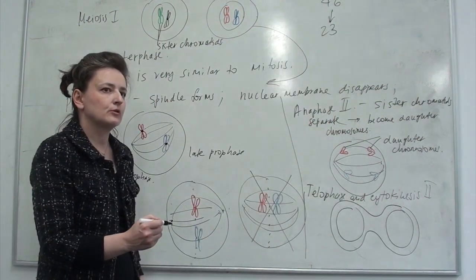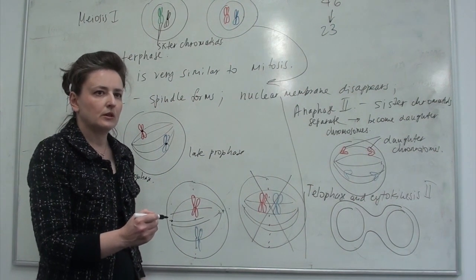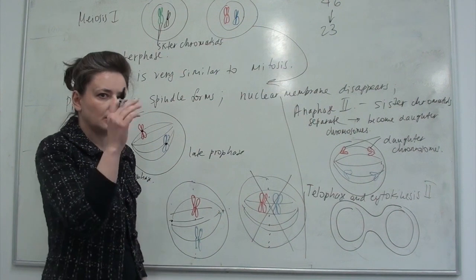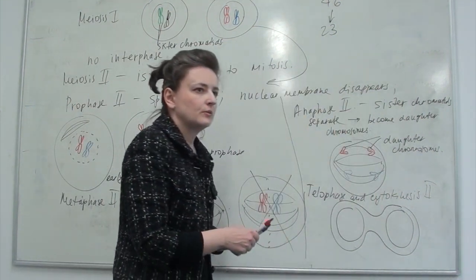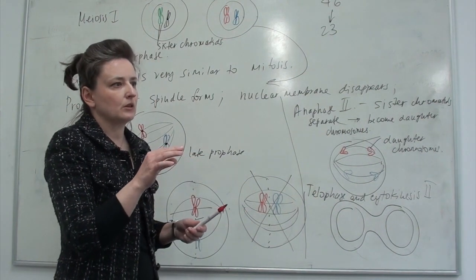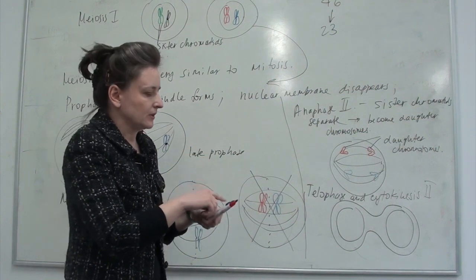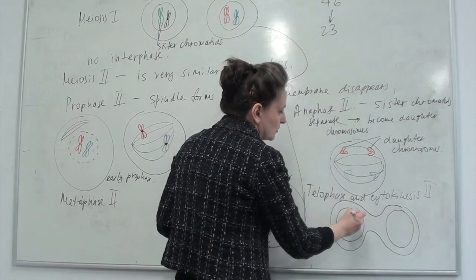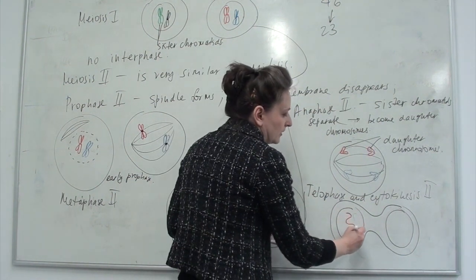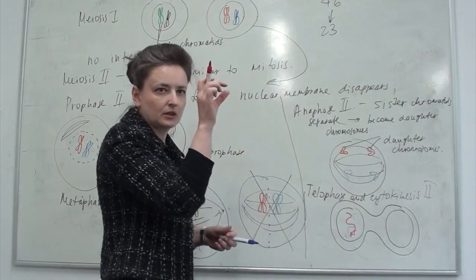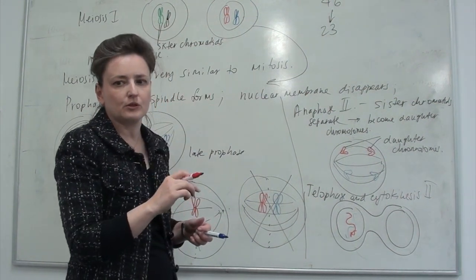What's going to be happening also to the chromosomes at that point? They straighten out and decondense, which means they're going to go longer and thinner. Depending which stage of telophase, whether you've drawn early telophase or late telophase, I'm going to go for late telophase if you don't mind. So I'm going to show my chromosomes as already gone long and stringy, but leave them as you've drawn them if you've drawn them like thick little sausages.